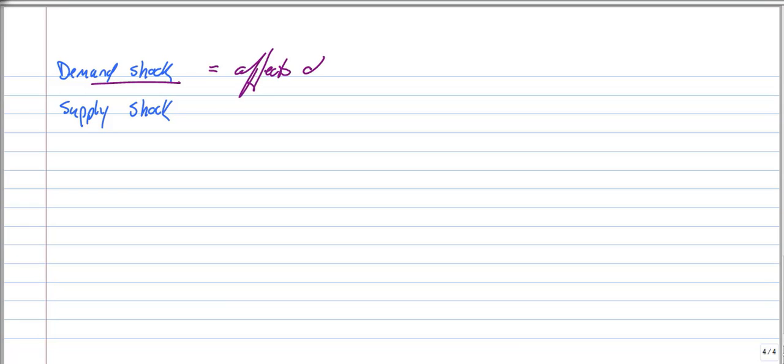Your book talks about demand shocks and supply shocks. Well, okay, so we're talking about the demand curve and the supply curve. So a demand shock is going to be something that happens that affects the demand for goods and services.